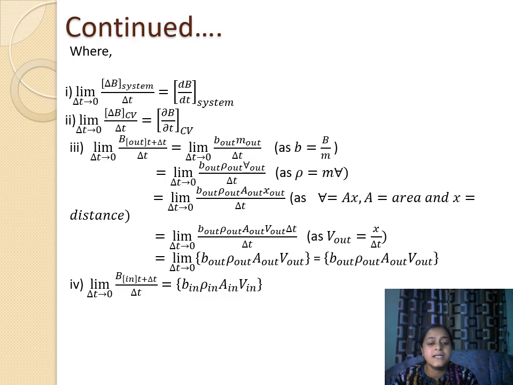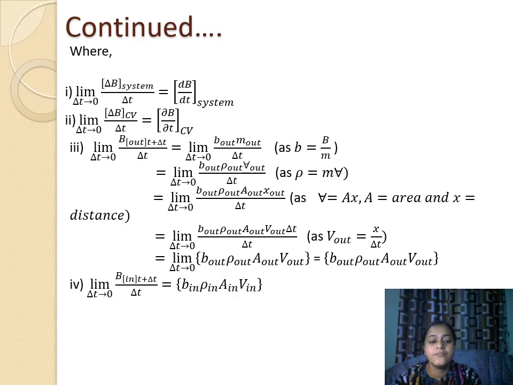And the fourth one is the limit as delta t tends to 0. Similarly, B in at t plus delta t divided by delta t equals b in, rho in, A in and V in.